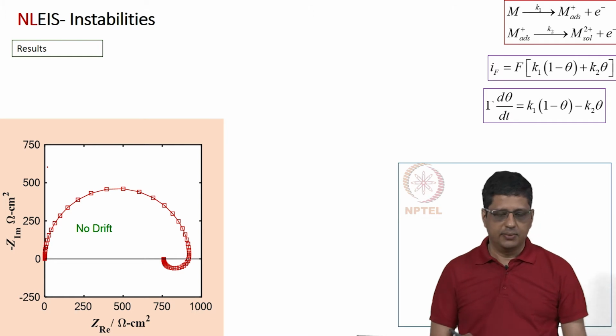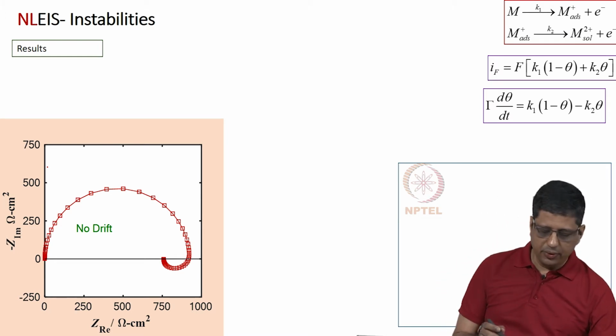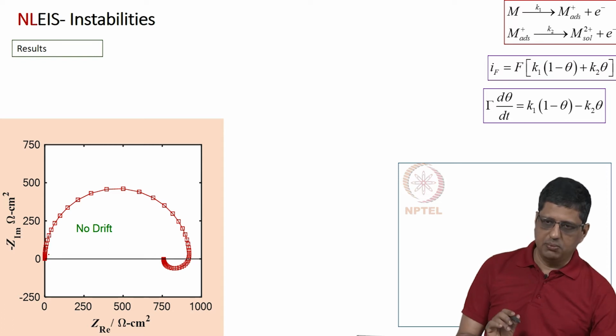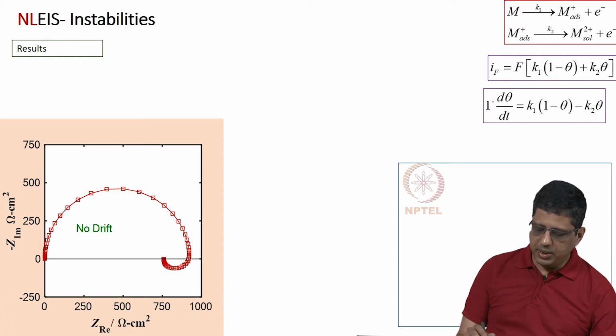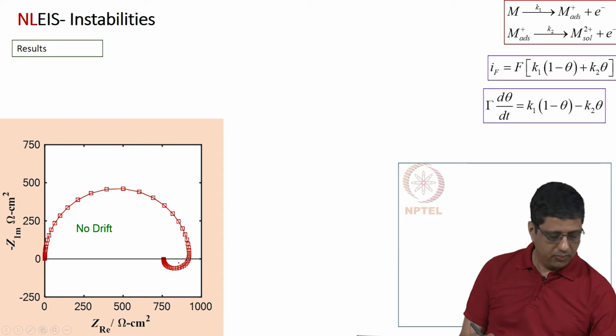So, in this case, for a set of kinetic parameters which we saw before, if there is no drift, what you would get will be a high frequency semicircle and a low frequency inductive loop, high frequency capacitive loop and a low frequency inductive loop.